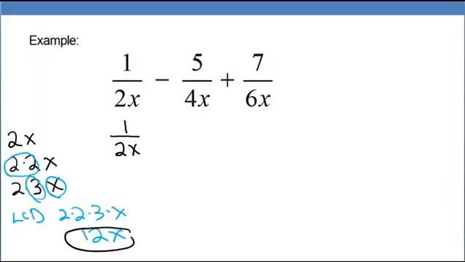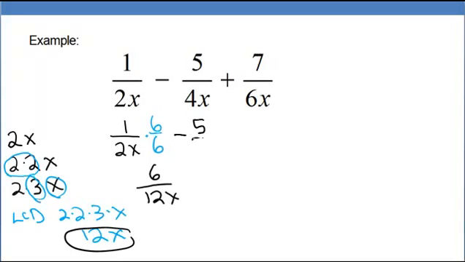And what's missing here is what we're going to put on. So, kind of think in categories. So I have numbers and then I have variables. So I have a 2 and I want a 12. This one is missing a factor of 6. I already have the x. So I have 6 over 12x.